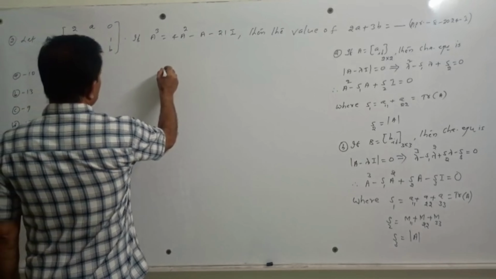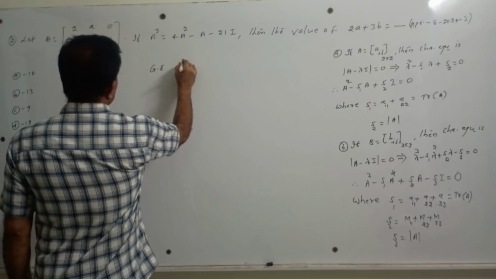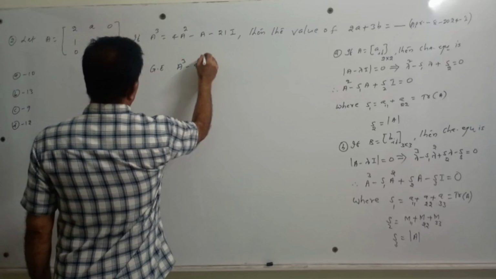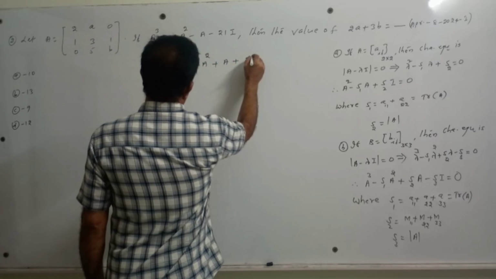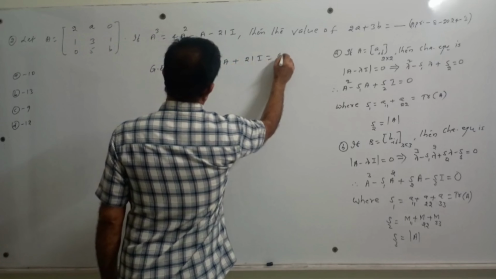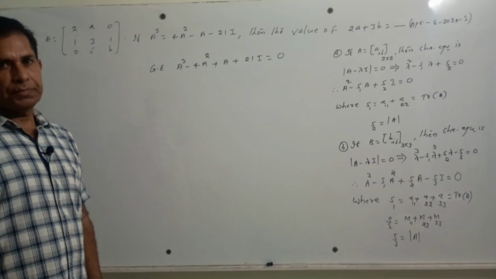So I am writing the given equation: A cube minus 4A square plus A plus 21 into I is equal to the null matrix. I just wrote the given equation.